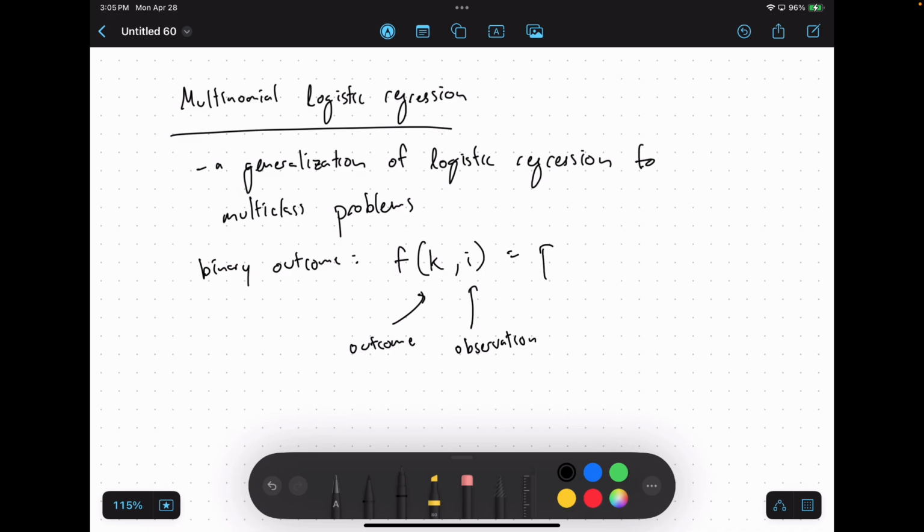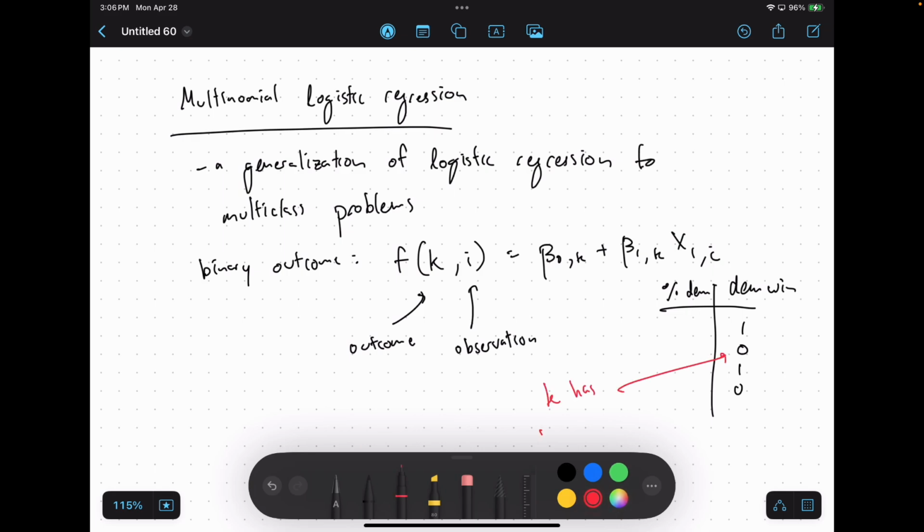Then you have something like beta 0,k plus beta 1,k x1,i. We were looking at percent Democrat and Democrat win, 1, 0, 1, 0. So here k has only 2 outcomes. Straightforward so far?